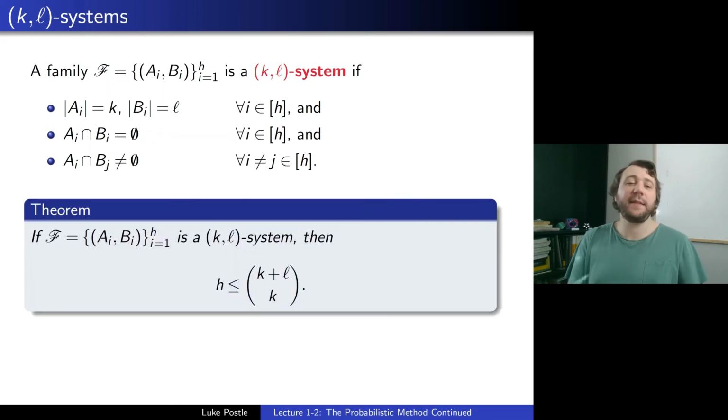And the amazing thing about this is the following theorem: if F is a KL system, then the number of such pairs is upper bounded by a function of just K and L, namely K plus L choose K. So this property about the cross intersecting, in addition to being disjoint in the individual pairs, is enough to force a bound. You can't have an arbitrarily large such system. Again, with simple systems, not allowing the same element many times.